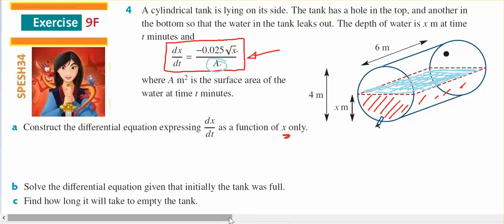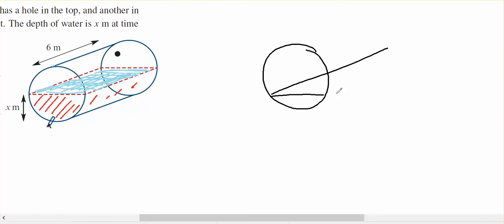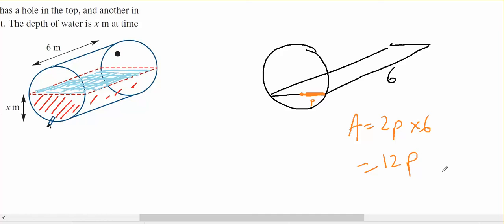Okay, so when the water is only this full, then A is going to be that rectangle, which is 6 times 2 lots of them. So let's call that P. So the area is going to be 2P times 6 or 12P.